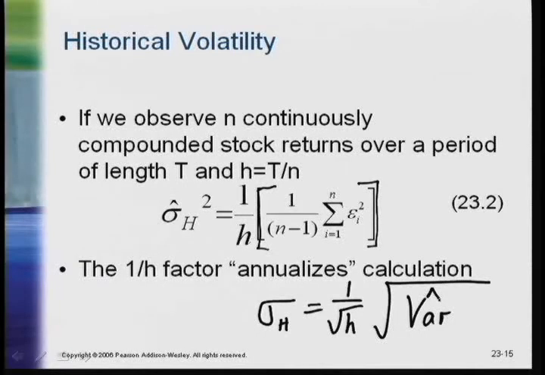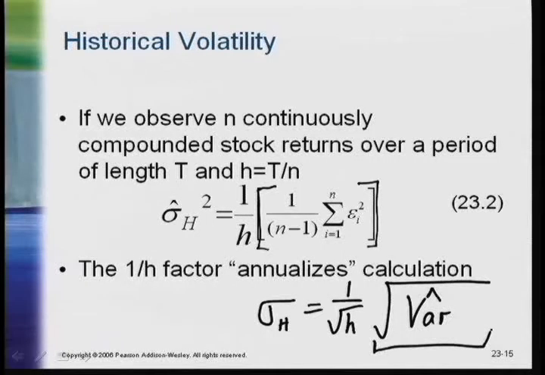That the standard deviation, if this is the estimator of the historical, then in order to create an annualized version, we would divide it by square root of h. To go from a period of h to a period of a year, we divide by square root of h.